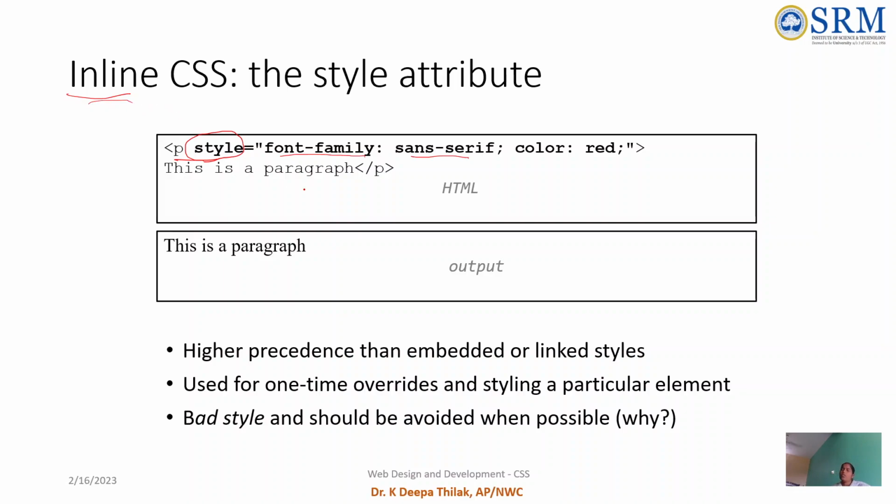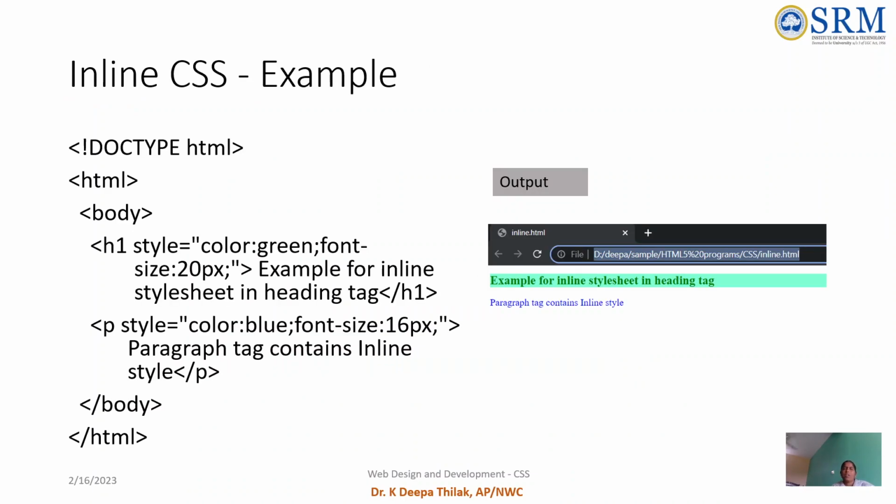This is an example where I use two elements, H1 and paragraph. For H1 I set one style and for the paragraph I set one style, both inline in the tag itself. So it is called inline CSS.